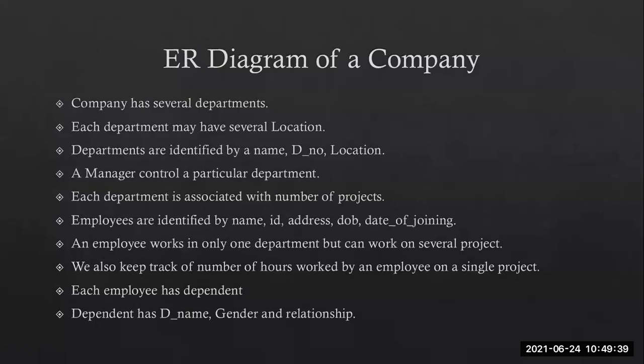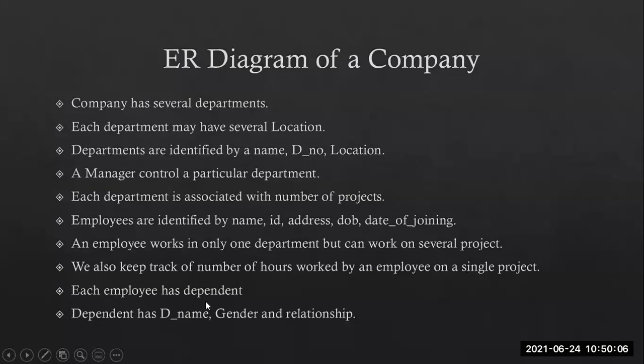She is actually from the BCA department, but she will take classes for other departments also. But her main department is BCA. An employee works only in one department but can work on several projects, and we also keep track of the number of hours worked by an employee on a single project, like how many hours I take one subject.